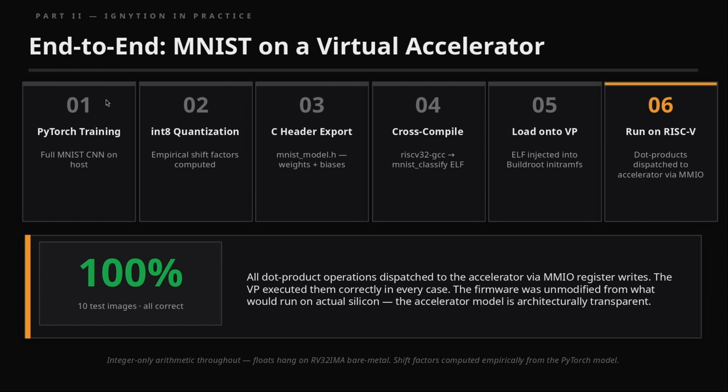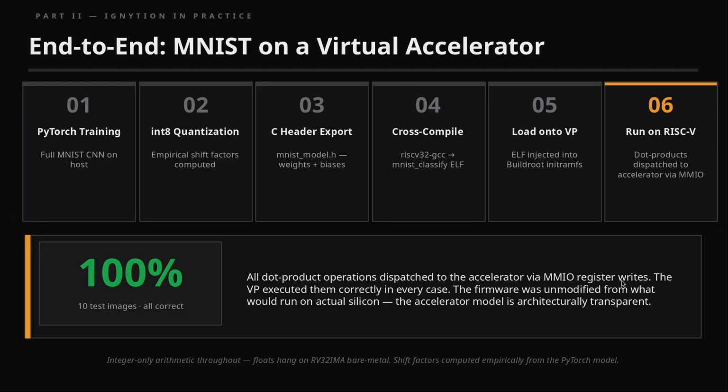So I created the PyTorch model, then exported it in a C header, then cross-compiled it using a RISC-V 32 core toolchain, then loaded it into the VP, and finally ran it on the RISC-V core. I also showed you the terminal, which was different from my own local setup. As I already said, all dot product operations in the experiment that you just saw are dispatched to the accelerator via MMIO register writes.